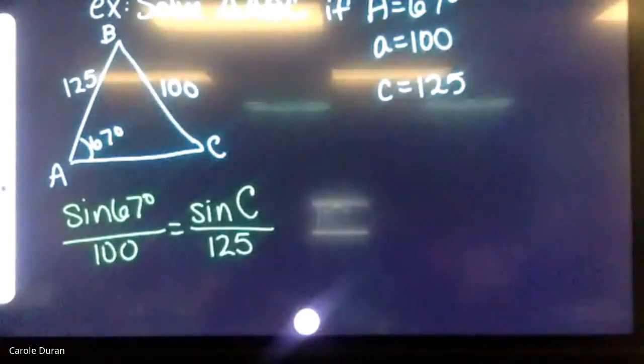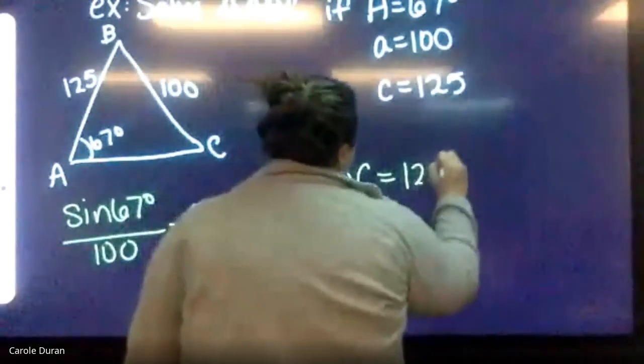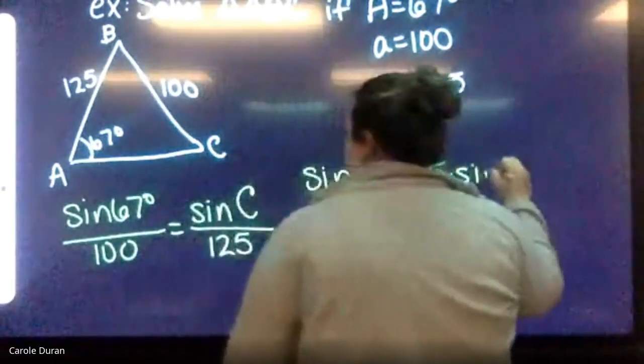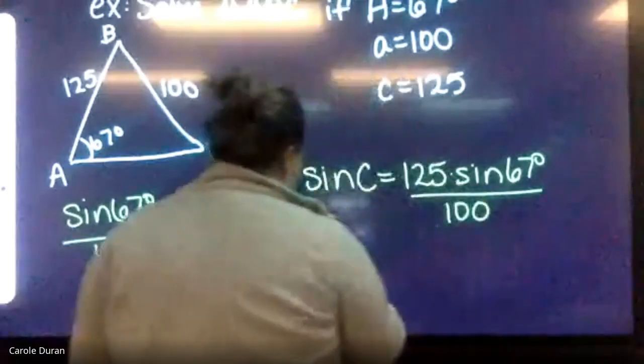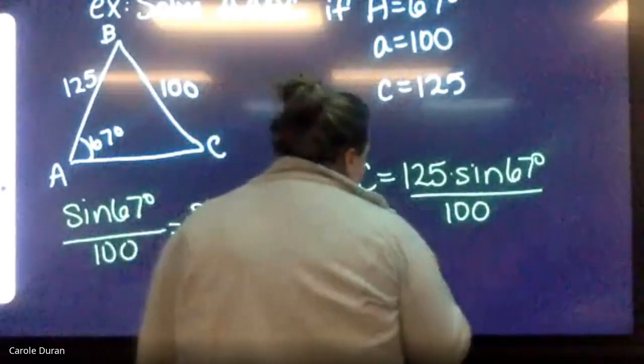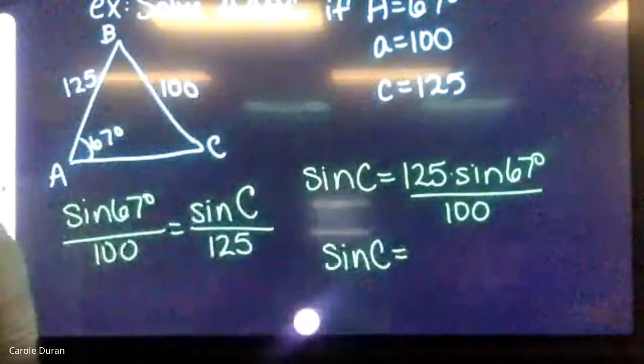So what's the only thing I need to move? The 125. How do I move it, Colin? Multiply it over into the top on the left, which leaves me with sine of C equals 125 times sine of 67 over 100. I go ahead and plug that into my calculator and I get a decimal, and then we'll do inverse sine to solve for the angle.